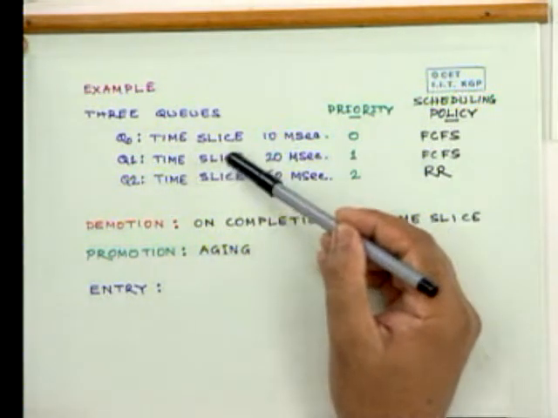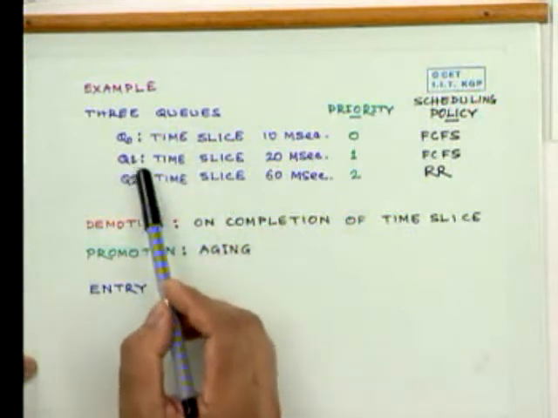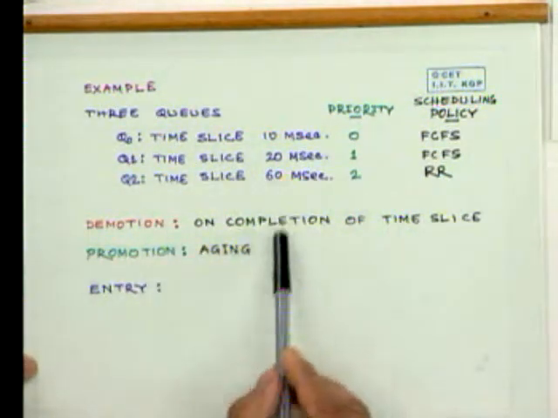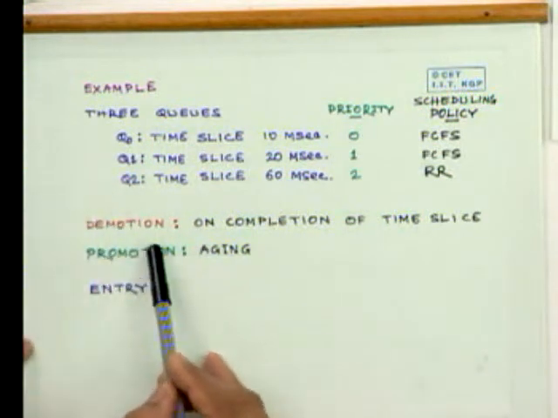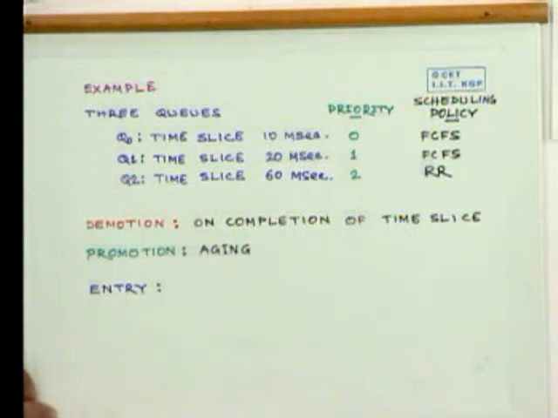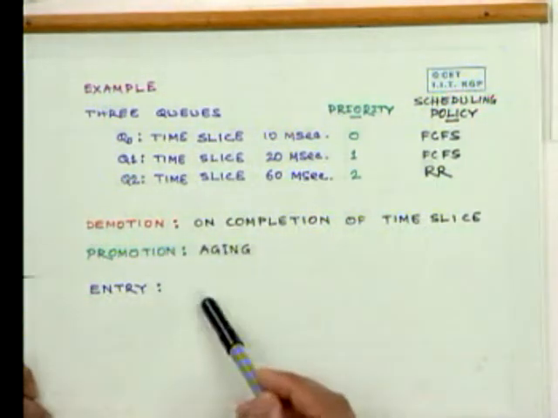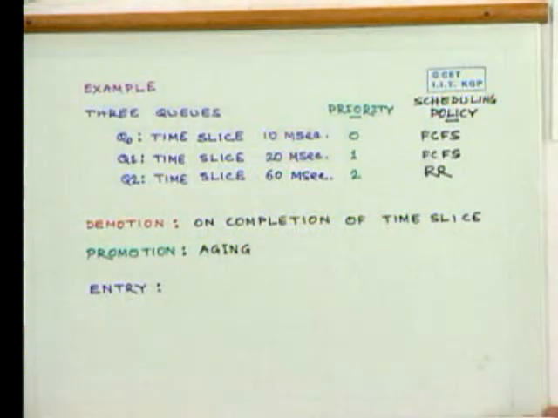On aging, it can be promoted to a higher queue. And entry, as we have said, apart from demotions or promotions decided by the policies, is initially to the queue to which the process's priority belongs. Therefore, these are in fact all the scheduling algorithms we wanted to discuss.